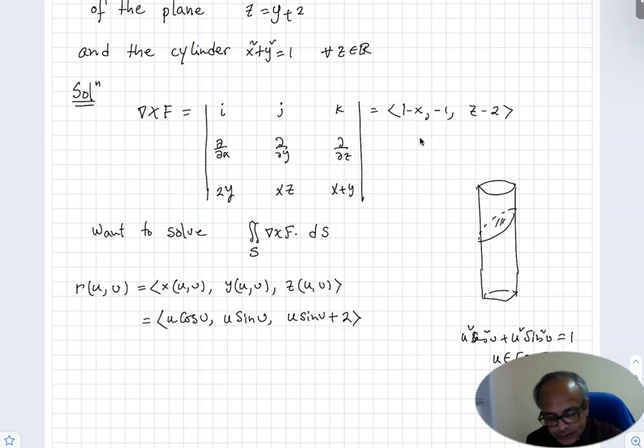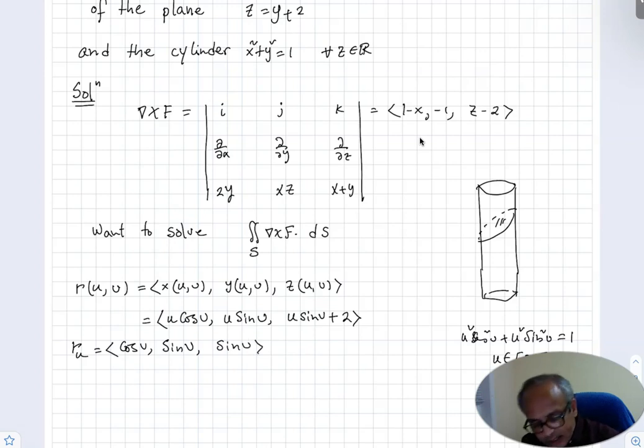Now I have this parameterization. I can differentiate with respect to u. So r sub u is (cos v, sin v, sin v).